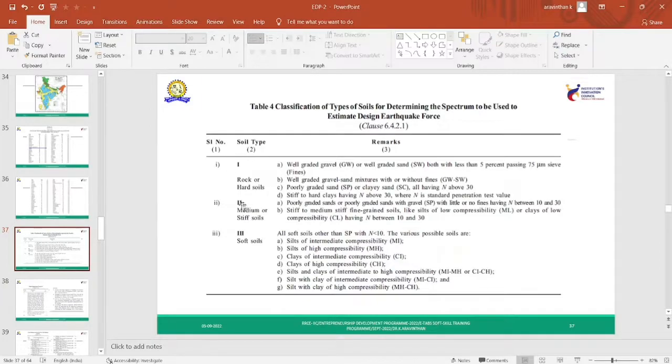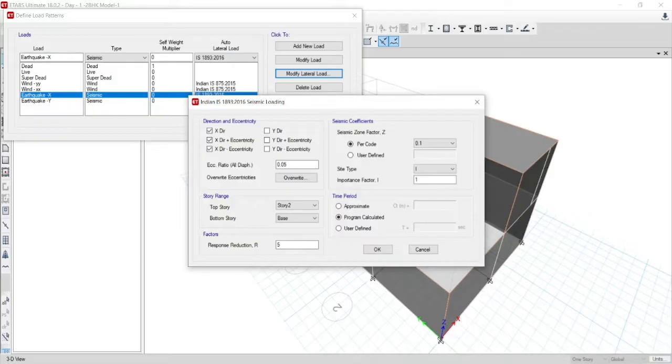You can see the classification here, 1, 2 or 3. What do you mean by 1? Rock or hard soil, which is having N above 30. So I am assuming N is above 30, and let me assume it as 1.